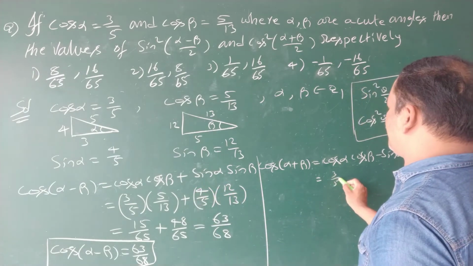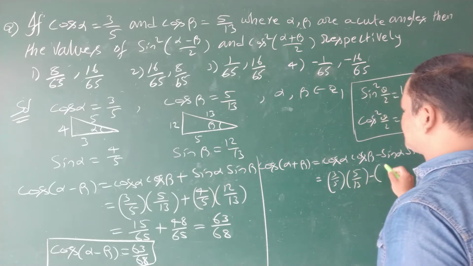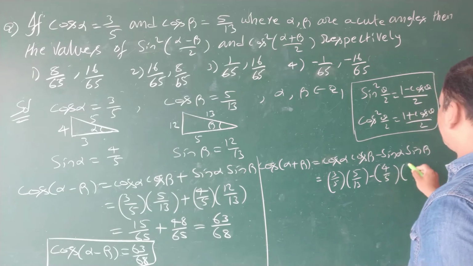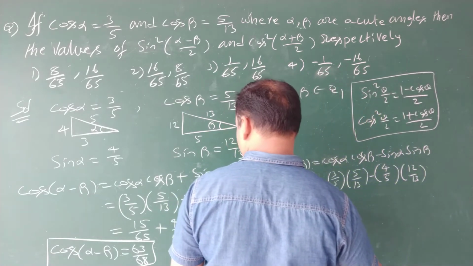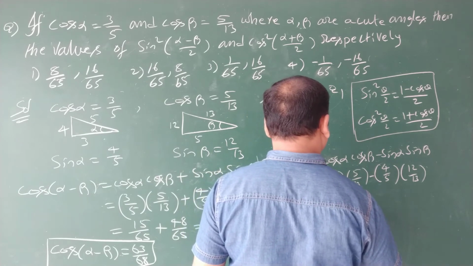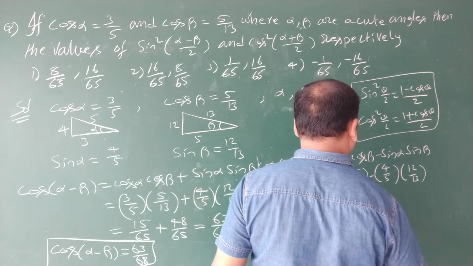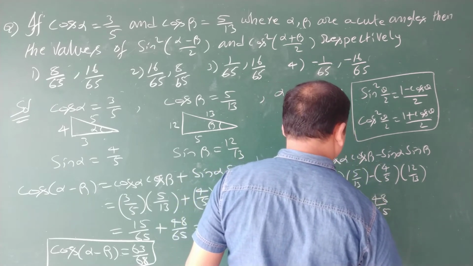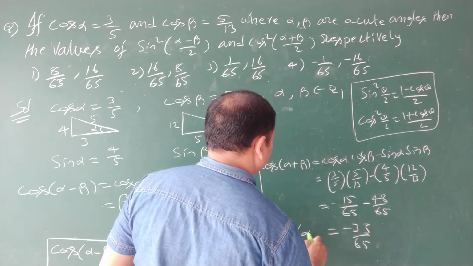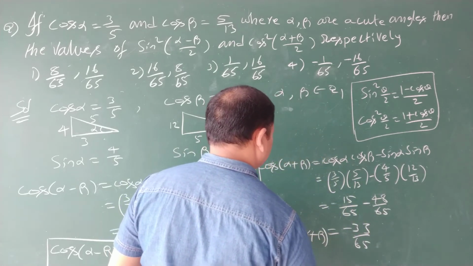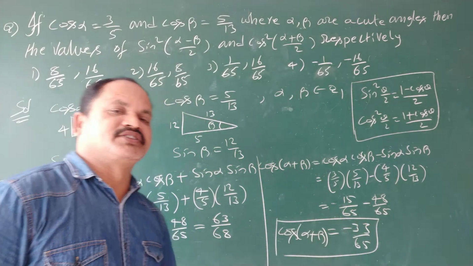So 3 by 5 times 5 by 13 minus 4 by 5 times 12 by 13. That's why here it is 15 by 65 minus 48 by 65. So this is minus 33 by 65. This is the result of cos alpha plus beta. That's why cos alpha plus beta is minus 33 by 65.